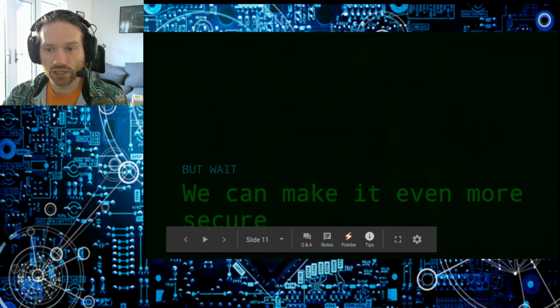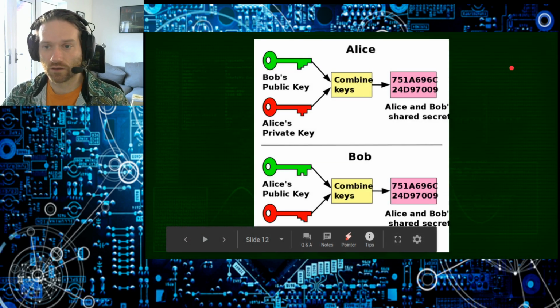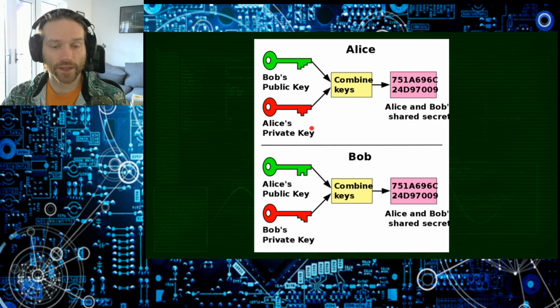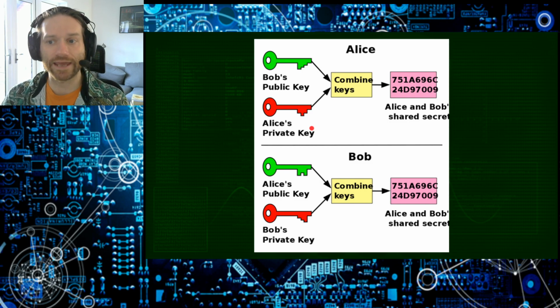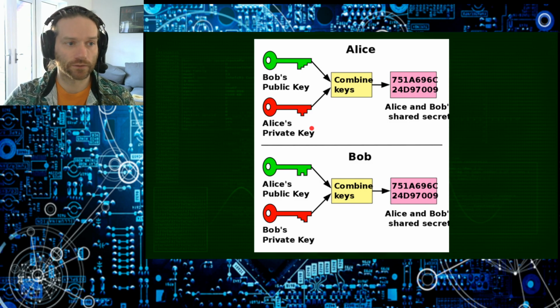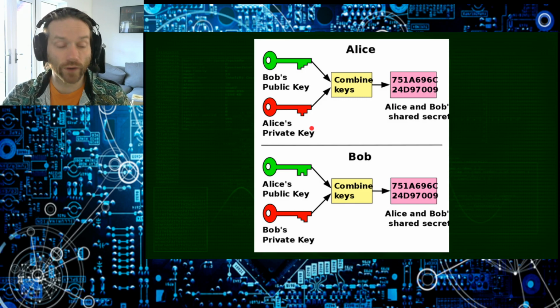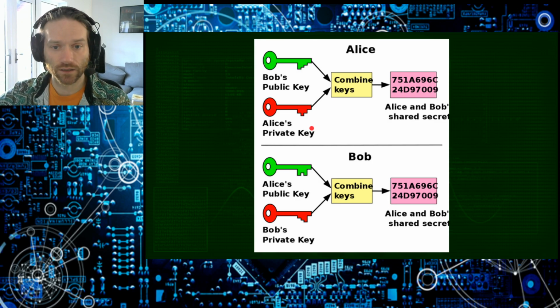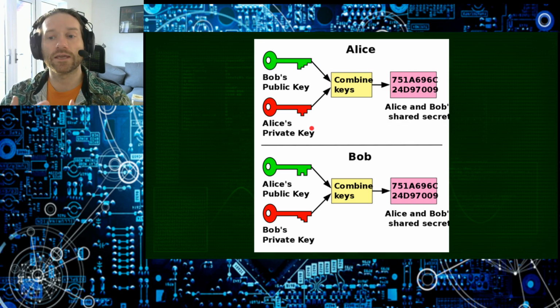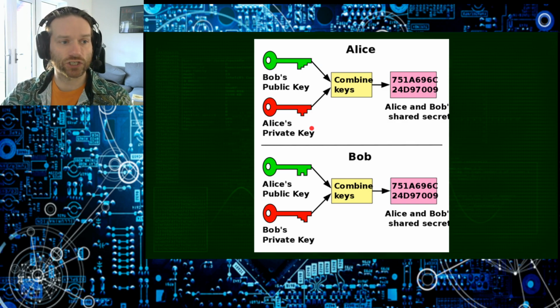So in terms of the combination here, Alice is encrypting a message, and she uses not just her private key, but the public keys of anyone that she wants to be able to read the message. In this instance, it's only Bob that she wants to be able to read the message. But if she wanted to make that message viewable to a whole bunch of people, as long as she had their public keys, she'd be able to combine all of the keys together to create this shared secret.